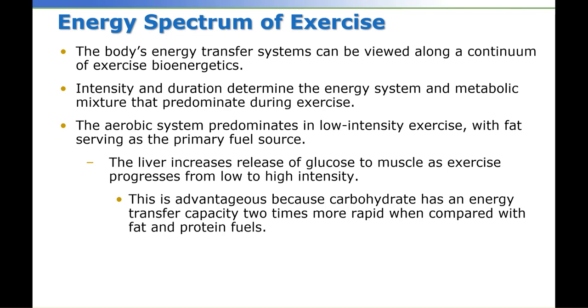Past about 75% VO2 max, it switches over to carbohydrates as the energy source being used. And it's good because it's giving you energy right away. That's why you see runners taking glucose tabs and stuff like that.